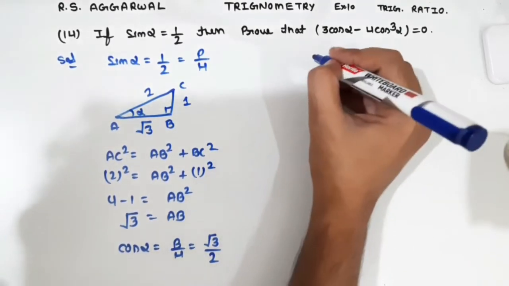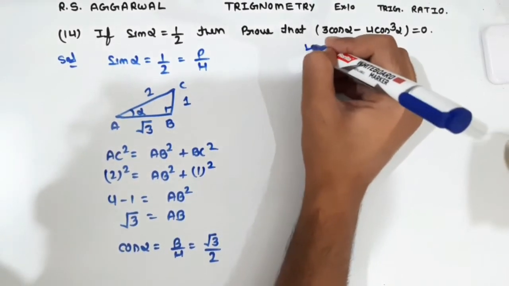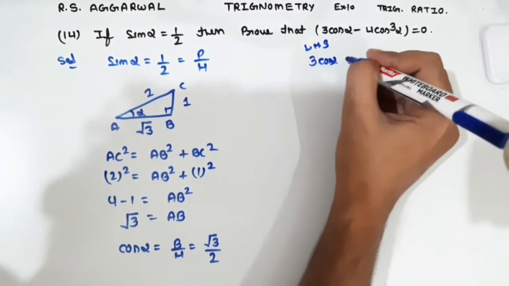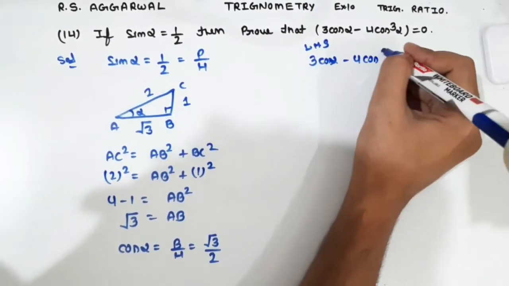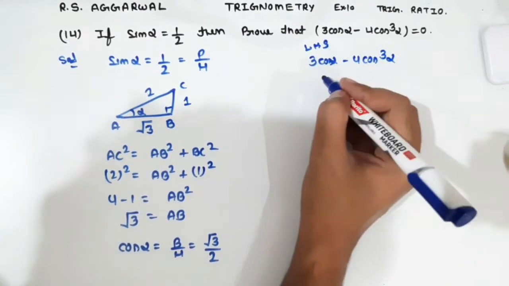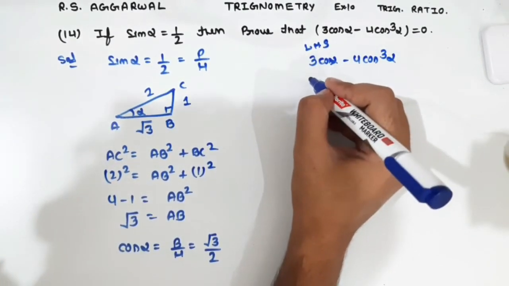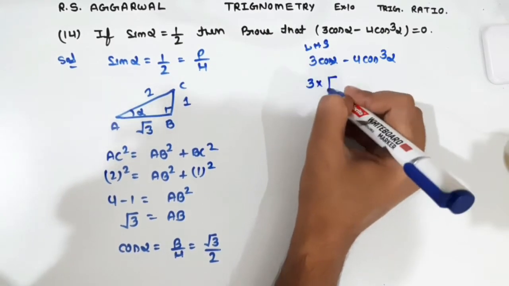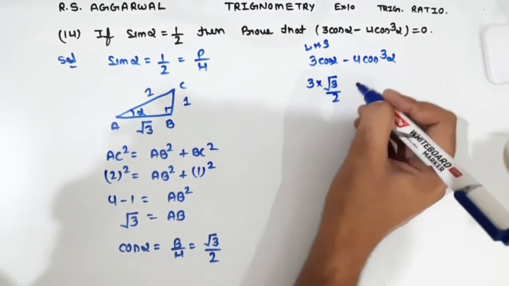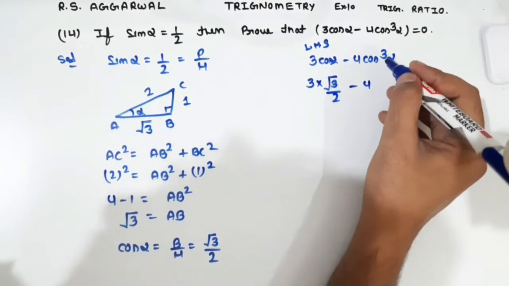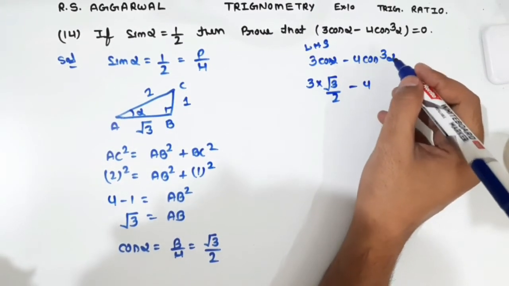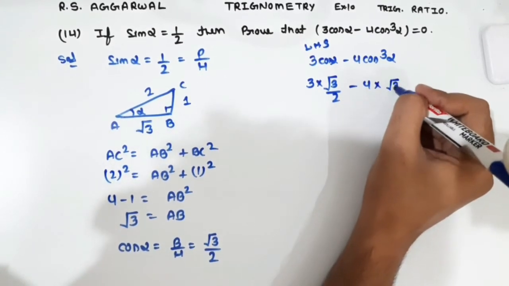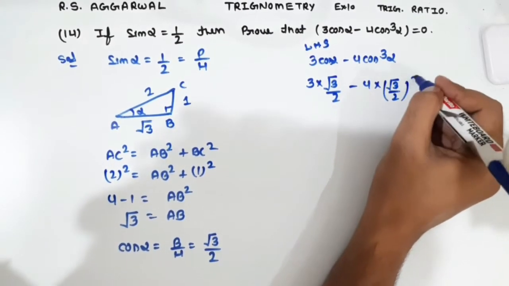So now left hand side 3 cos alpha minus 4 cos cube alpha. So now putting value of cos alpha: 3 times cos alpha, which is root 3 upon 2, minus 4 times cos cube alpha, which can be written as cos alpha whole cube, and cos alpha is under root 3 upon 2 whole cube.